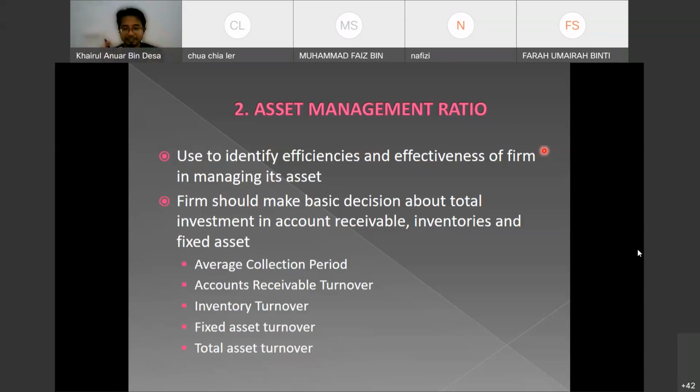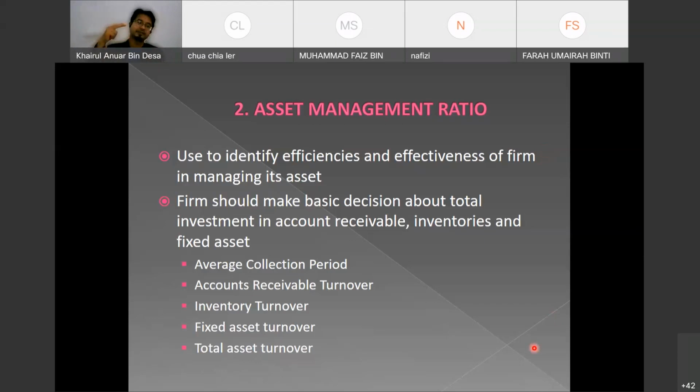Okay, dalam asset management ratio, you have to know that. Okay, Farah ingat ya? 3 kategori aset. Dan dalam setiap kategori tersebut ada item-item dia seperti yang diberitahu oleh Faiz tadi. Current asset dia ada cash, marketable securities, inventory dan prepaid expenses.